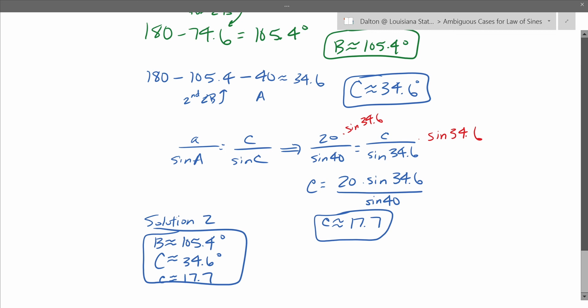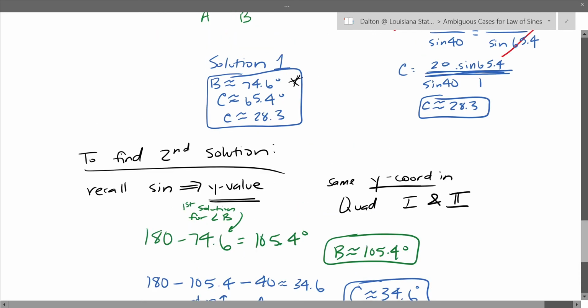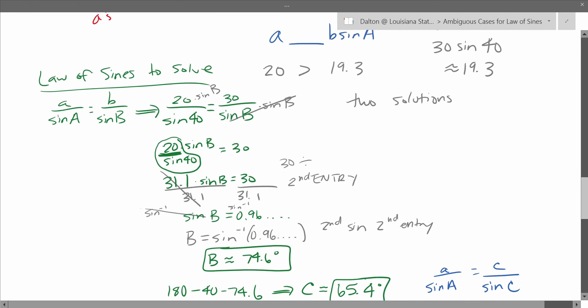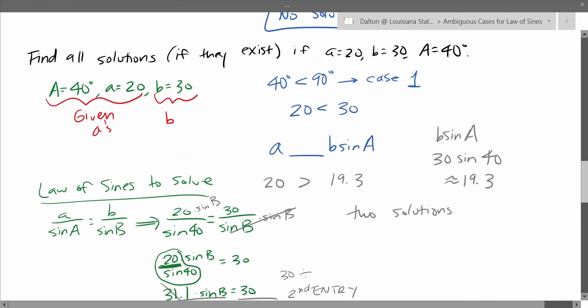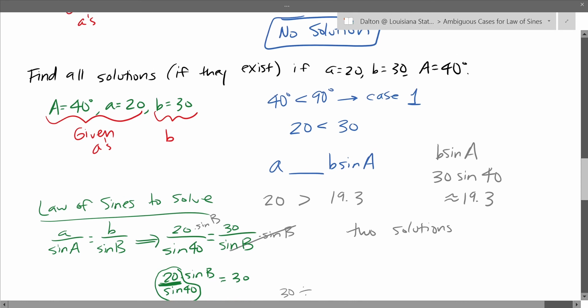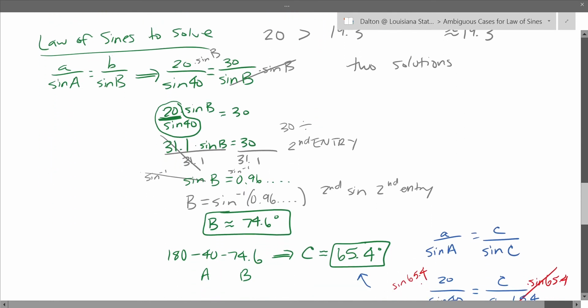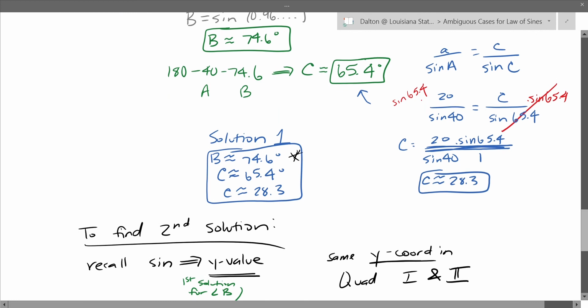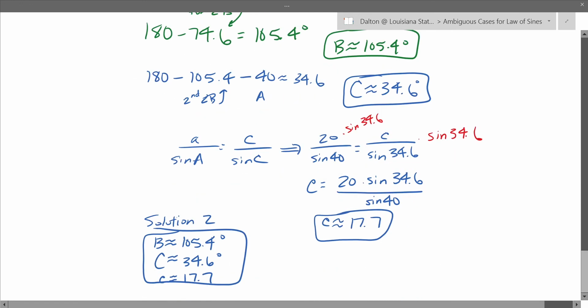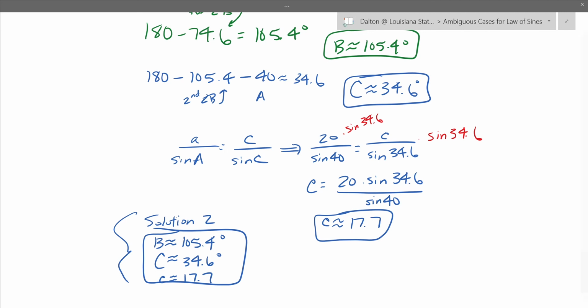Solution 1 consists of the given information in the triangle already, where they gave us angle A and side B, and so we went to find angle B and C and side C. This was solution 1, which would create the acute angle option, and this one here is solution 2, which could create the obtuse angle option. So that's how to handle ambiguous cases using the law of sines.